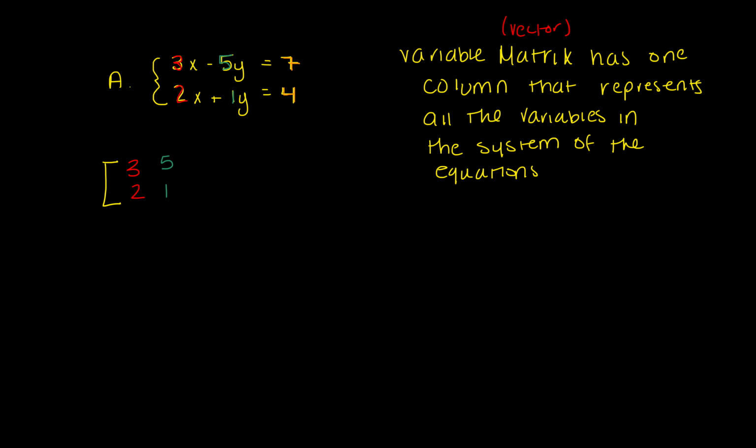That was supposed to be yellow, so I'm going to grab yellow. And we're going to multiply this by x, y, because again, we're looking at x and y's here. When we multiply, we'll get this system here, and this is going to be equal to the matrix 7, 4.